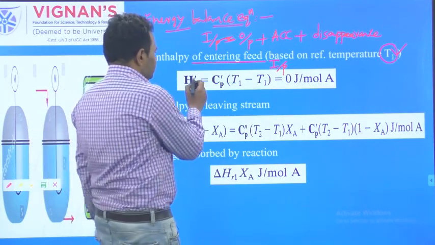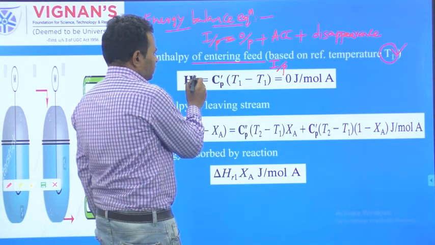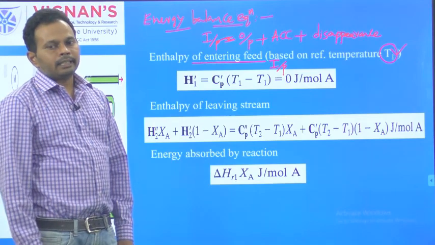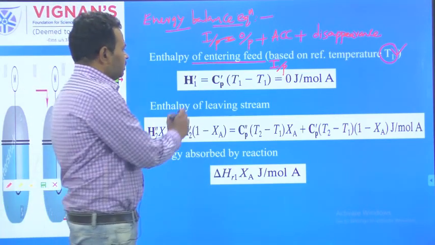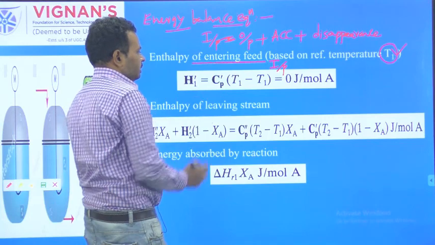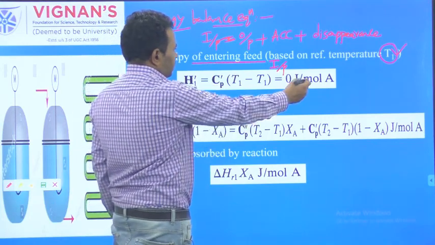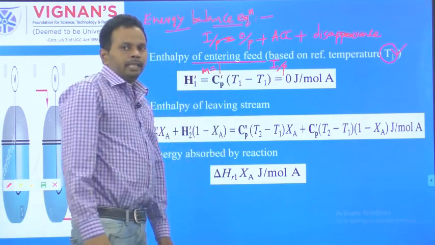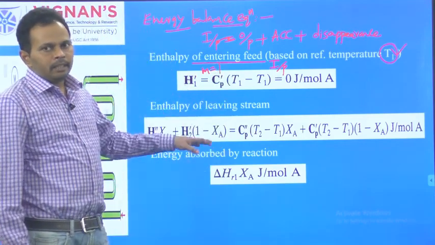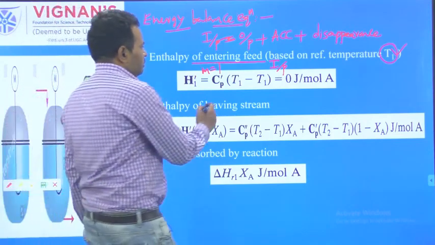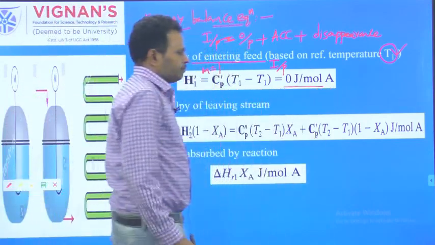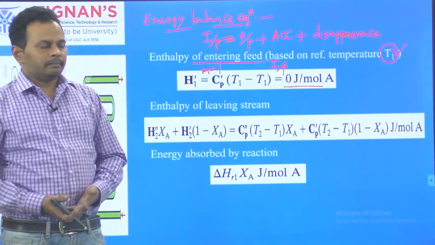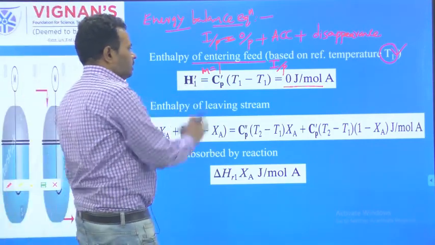H1 dash is the enthalpy of the unconverted reactant entering the reactor, equal to Cp dash into, considering M equal to 1, M Cp delta T, so Cp dash into T1 minus T1, which becomes 0 per mole of A. Why? Because in this case the temperature of the reactants and the reference temperature are the same. That is why we obtain H1 dash equals 0.